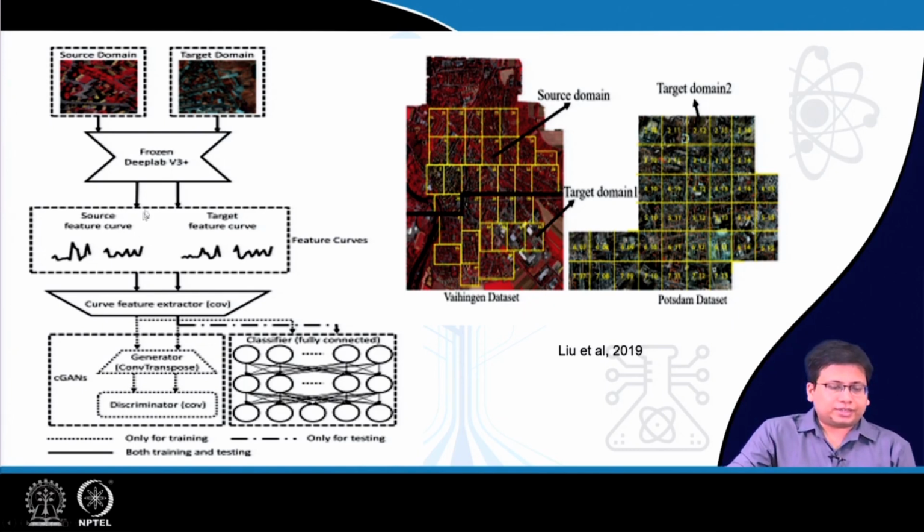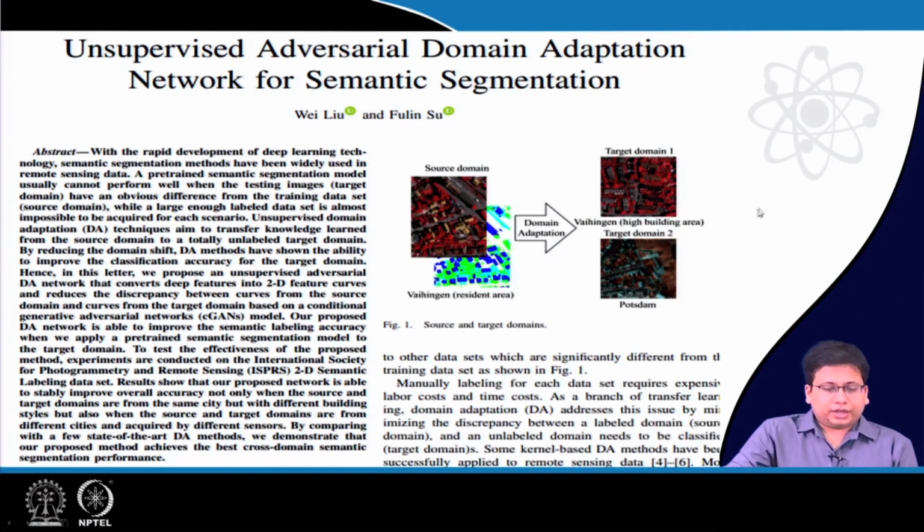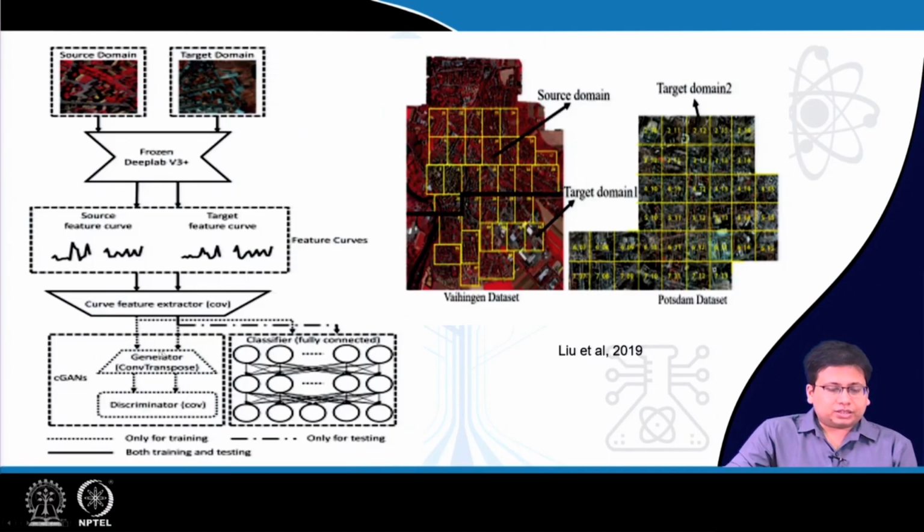Once that is done, we will get certain features from both of these domains. Next we will have something known as a curve feature extractor, which is basically calculating the covariance among the different features, as was discussed in the case of coral, and then using the deep learning framework called conditional GANs, the mapping is done from the source domain to the target domain.